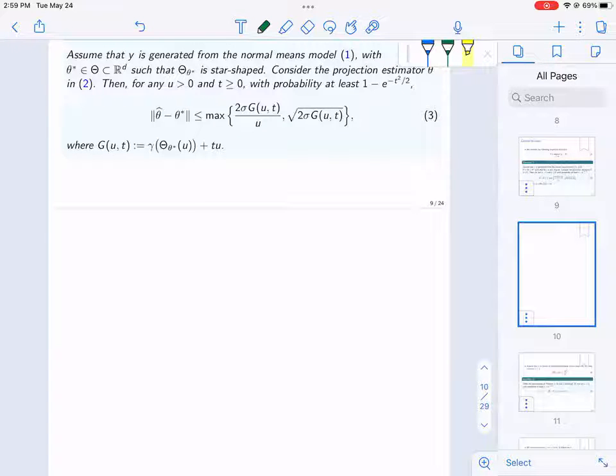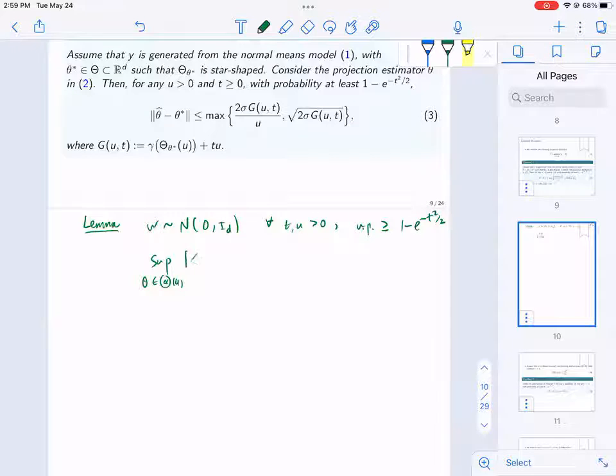The proof is basically two lemmas. Lemma 1, which can be assigned as a problem for you to do: for all t and u bigger than 0, with probability greater than or equal to 1 minus e to the negative t squared over 2, the supremum over theta in theta u of W theta is less than gamma theta u plus tu.